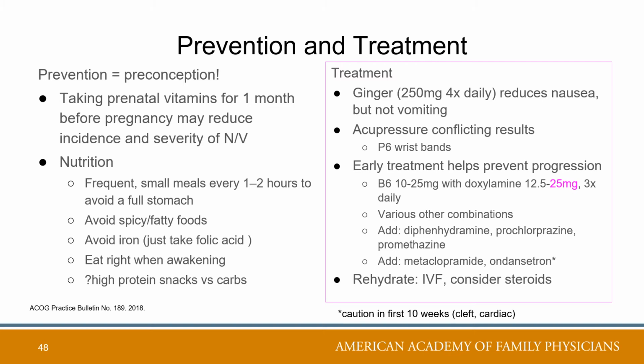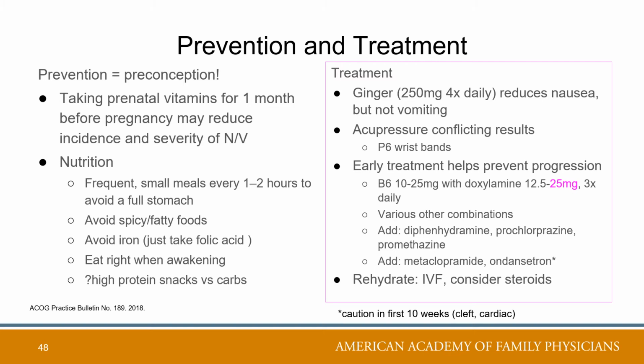Although for patients with anemia, this could create an additional set of challenges. We want to recommend to patients that they eat right when they awaken, that is, to eat something. High protein snacks may be even more helpful than carbs, although often for the first meal or first snack in the morning, carbohydrates can help relieve some of the nausea and get some food down, which is beneficial for nutrition and for helping patients start to feel a little bit better.